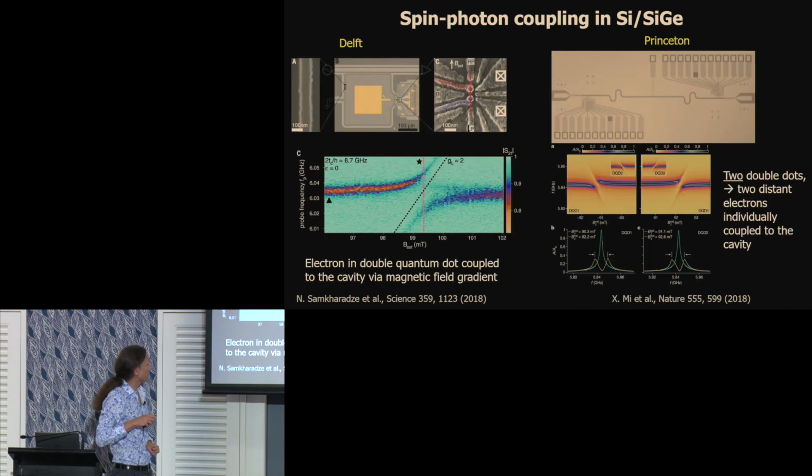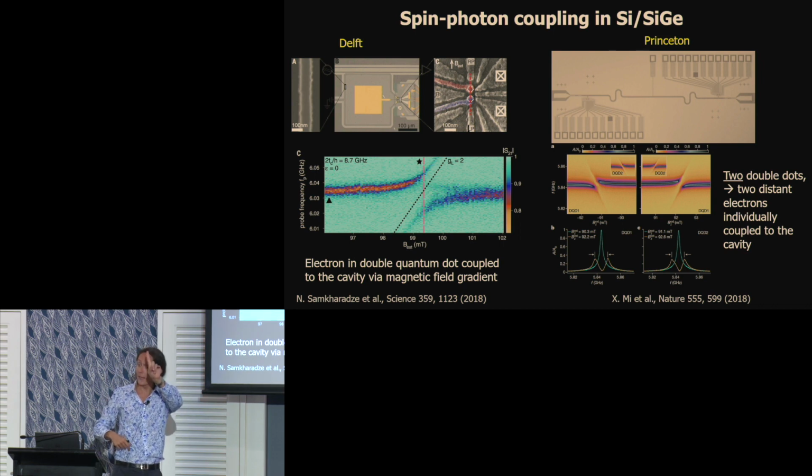Then with essentially very similar structures, again the same groups, Delft and Princeton, showed also in 2018, the magic year, strong spin-photon coupling in silicon germanium. In the Delft group, they had this funny shaped resonator and these paddle dots, coupling to a double quantum dot that hosts only one electron.